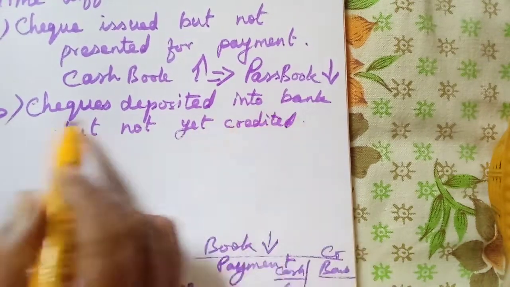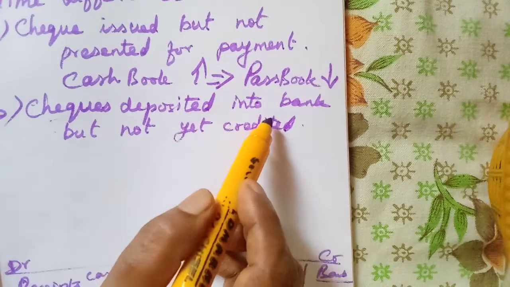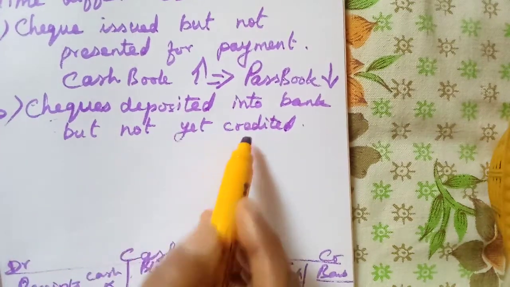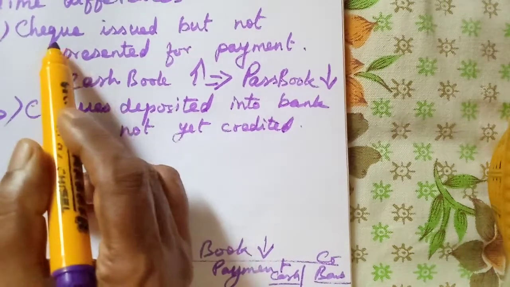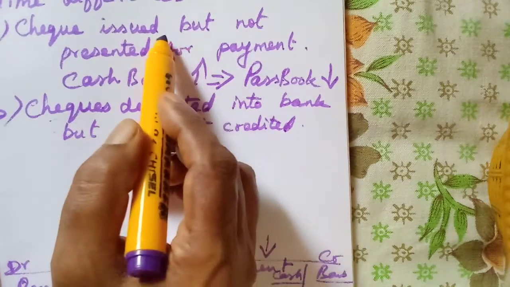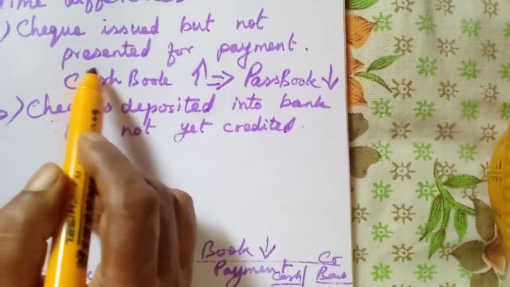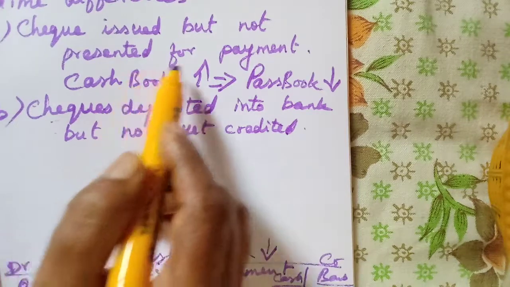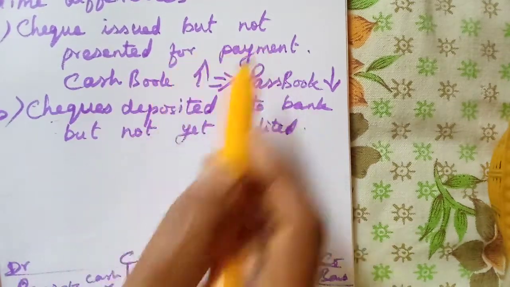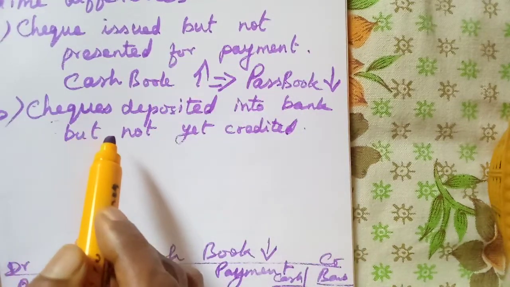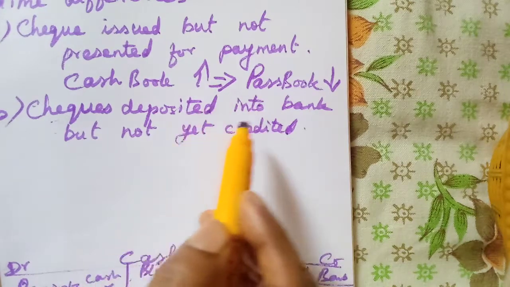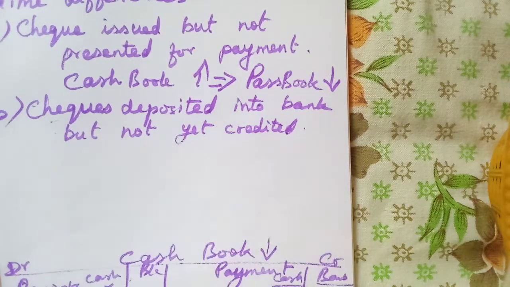We have deposited the check in our bank, but they have not yet credited. Here we have issued the check to our suppliers, but it has not gone for payment. It is not yet presented in our bank for payment. Here we deposited the check into the bank, but not yet credited.